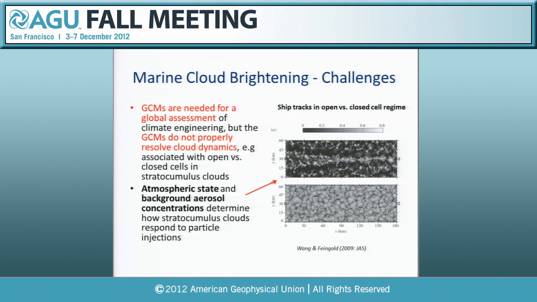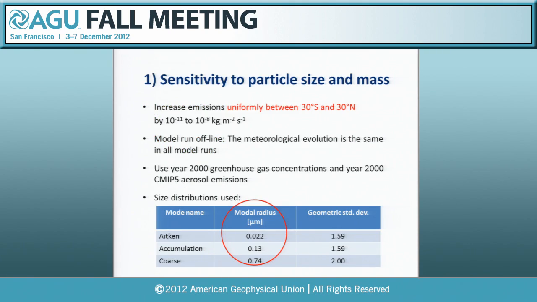In this case, we have an open cell mesoscale structure, those are the cumulus clouds, and then we see a strong effect. Whereas when we have closed cells corresponding to a more polluted environment, we don't see any sensitivity. It's not clear to what extent the climate models are able to reproduce these kinds of effects, and especially the transitions between these two regimes.